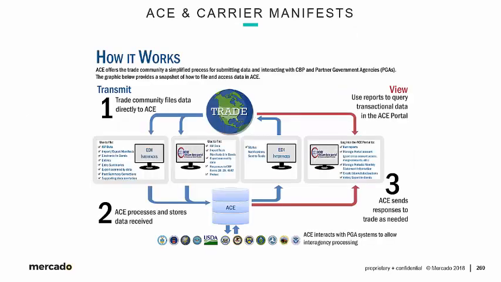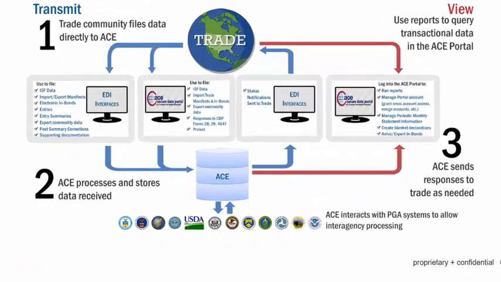We've also seen this slide a couple of times, CBP.gov. Now we're looking at its capabilities in a visual sense for ACE and carrier manifests. We won't spend too much time on it because we already have, but we will point out how those manifests work. Starting with number 1, the trade community files data directly to ACE.